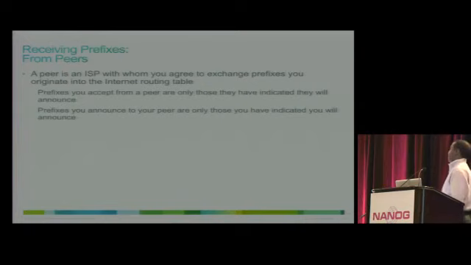What about from a peer? From a peer, it depends on the agreement. Usually there is a bilateral agreement between peers, or in the public peering scenario, you have to verify that the prefix is assigned to that service provider or to its customers before you can exchange those prefixes.